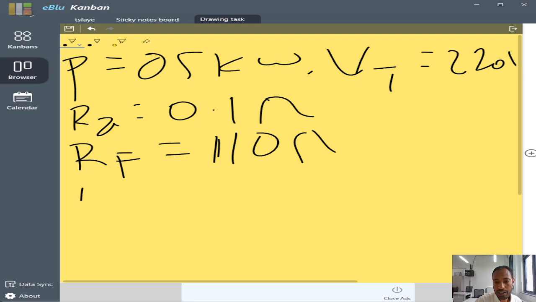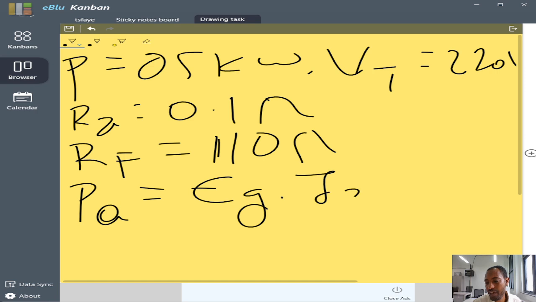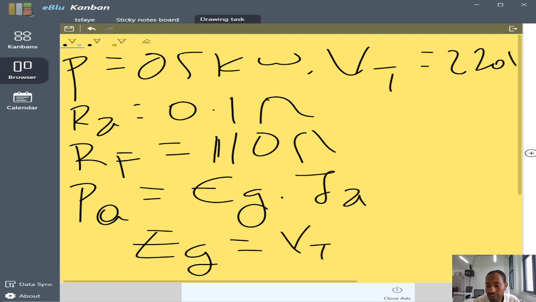And it's asking what is the power developed. Power, we say that it is EG or EA times IA. And what do we know? From the equivalent circuit of the generator, EG is going to be VT plus IA RA. We know this from the equivalent circuit of the generator.